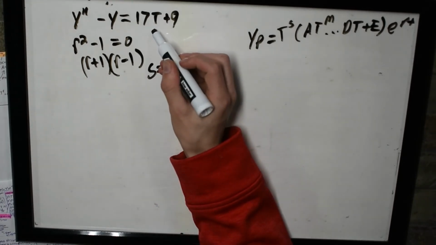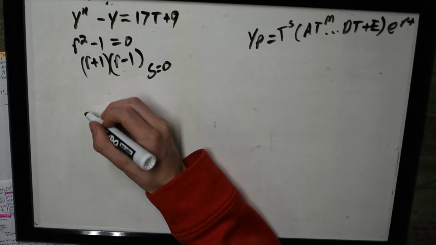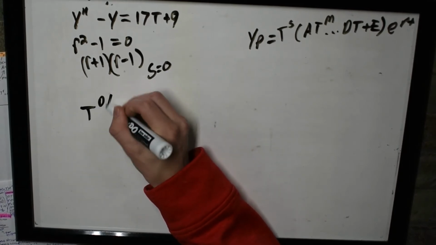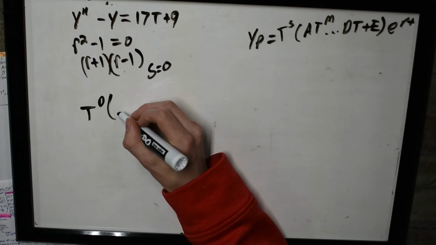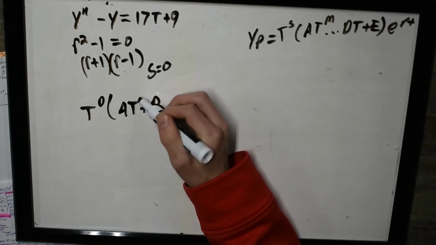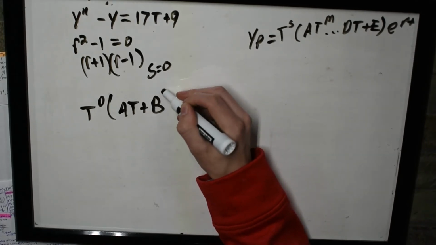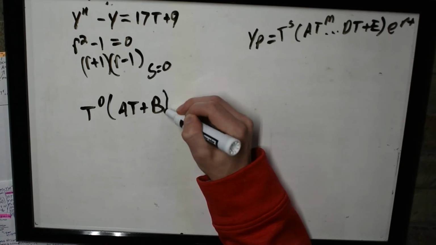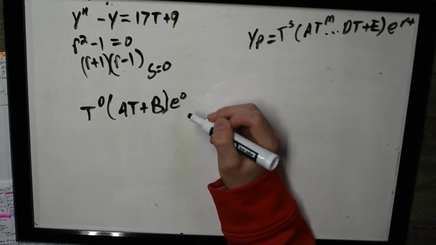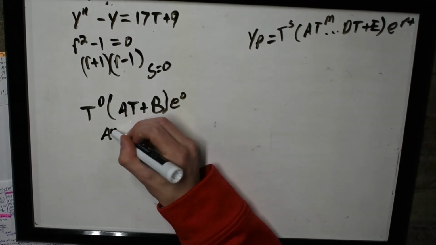Our highest degree polynomial is t, so we're going to be left with t to the 0 out in front, a t plus b, because remember we have to go down from the highest exponent all the way down to a coefficient. E to the rt, well, e to the 0 is just 1. So we have a t plus b.